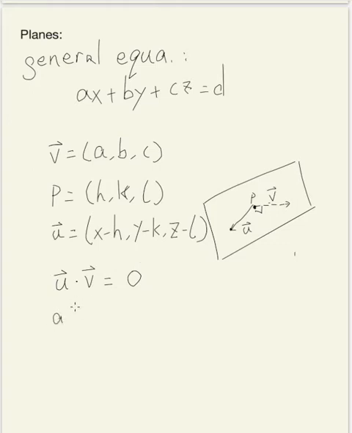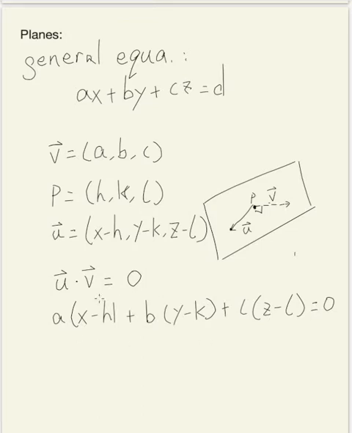The dot product is a times x minus h, plus b times y minus k, plus c times z minus l, equals 0.